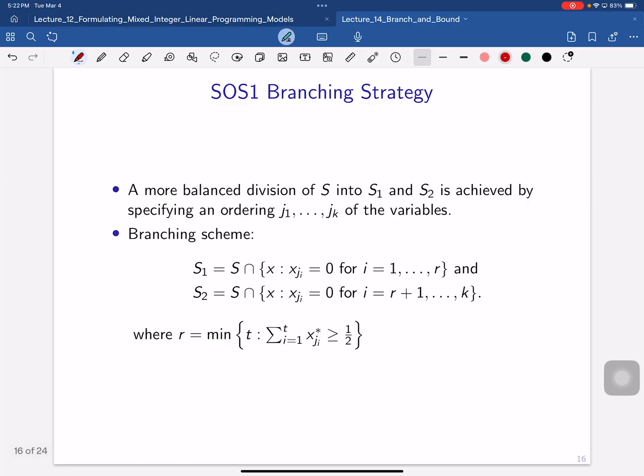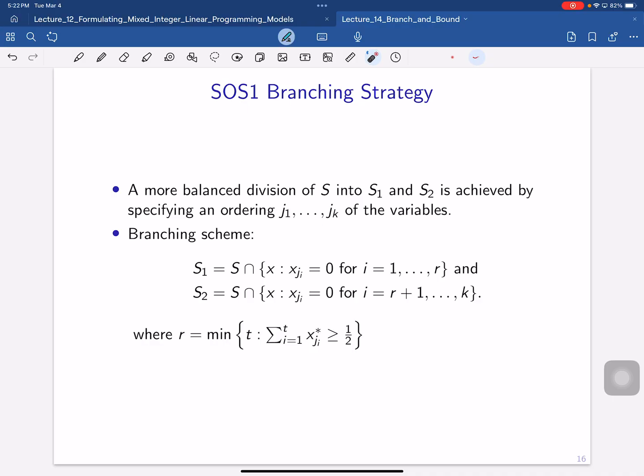So a more efficient branching rule is that you set a subset of variables, i from 1 to R, to 0. And the other branch is setting all the rest of the binary variables to 0. Okay, so let's think a little bit about that.